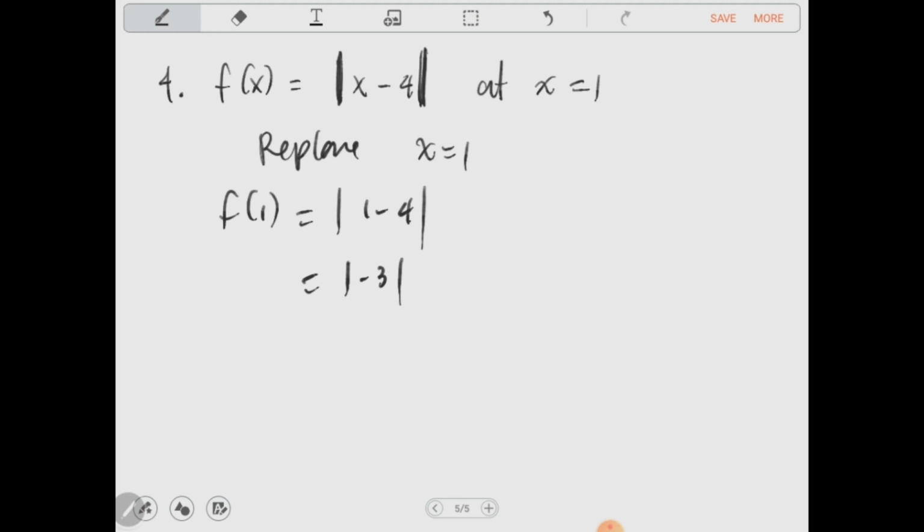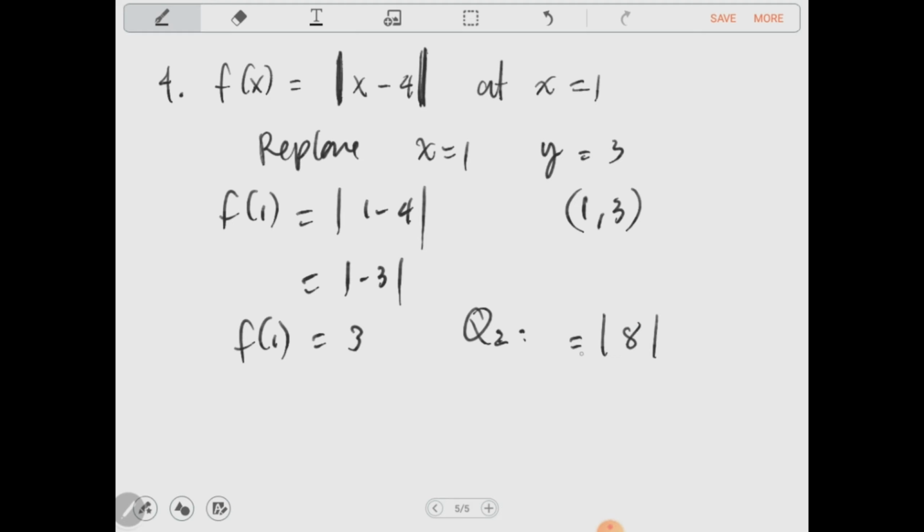So again, as what I've said a while ago, any number that is inside the absolute value sign will turn into a positive number. So this would be a positive 3. So the ordered pair would be 1, 3. This is another question. So how about if you have the absolute value of 8?